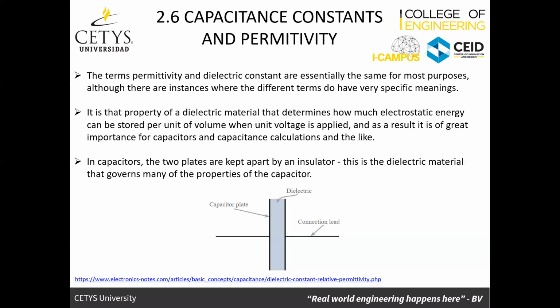So, remembering the structure of the capacitor, we've got the 2 plates that are conducting. This here says connection lead. The lead is only whatever we're connecting to the plates, and the dielectric material or the insulating material is what is in the middle.